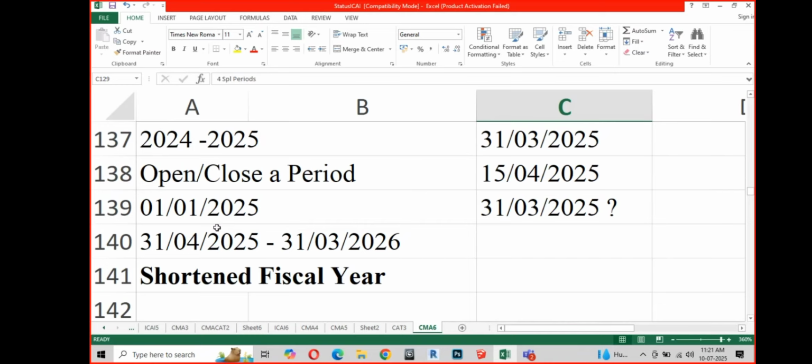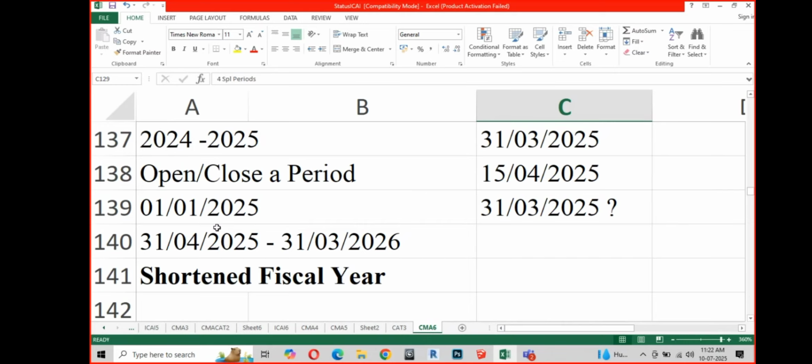You would have a concept called the shortened fiscal year, where you would operate your business only for a short period of time, maybe say 8 to 10 months, or even 6 to 7 months, depending on what your business is all about.